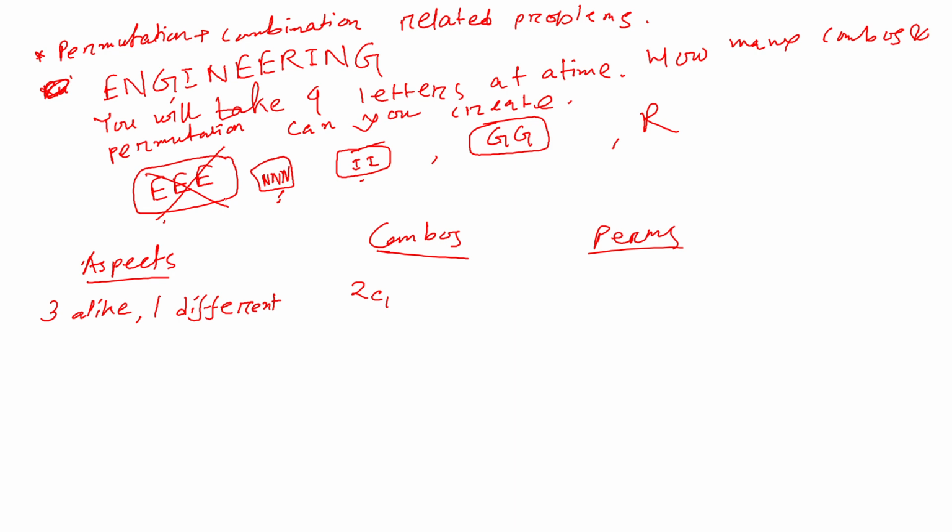So how many types of letters do you have now? Four. There is a separate R as well. N, I, G and R. These are the four types of letters. Understanding my point? So from these four types of letters, how can I choose one type of letter?